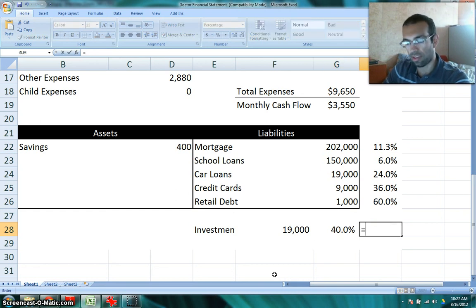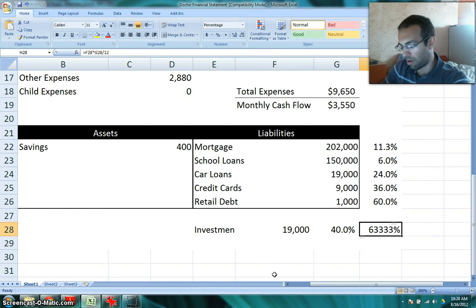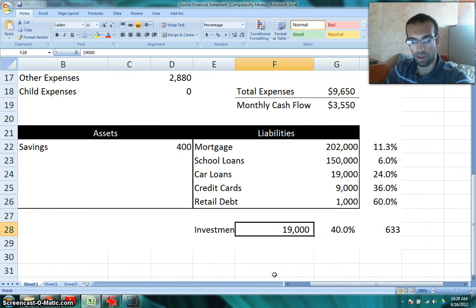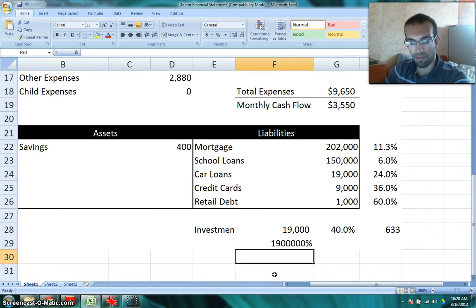That's going to translate then to a monthly stream of cash flow of $633.33. Alright, that's cool. Now there's a car loan of $19,000. So my option here is I could pay off the car loan, or I could do this investment opportunity.